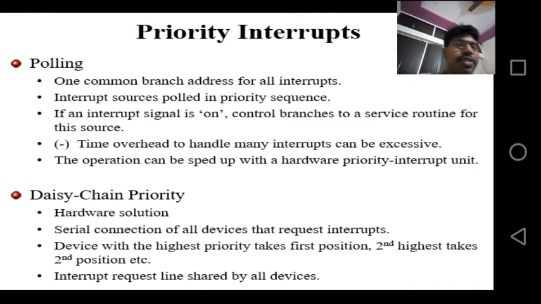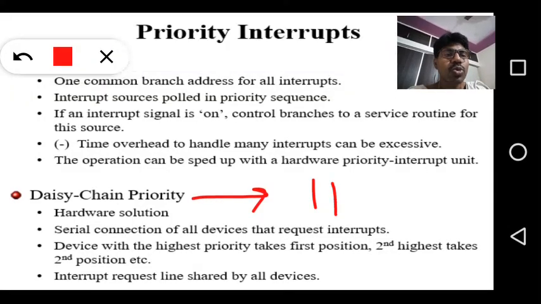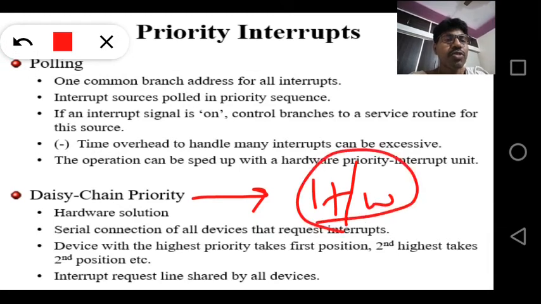Next comes the hardware technique called daisy chain. It requires some hardware. It is a hardware solution. It is a serial connection of all devices that request interrupts. The device with the highest priority takes the first position, the second highest takes the second position.